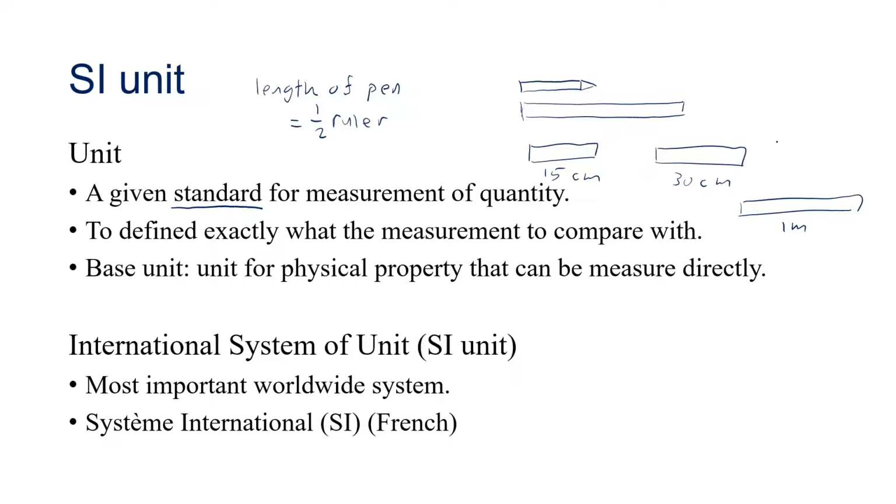This is very confusing. To resolve this kind of problem, we introduce what we call the international standard of units. This is the SI unit. Now this is the most important worldwide system, and the word comes from the French.